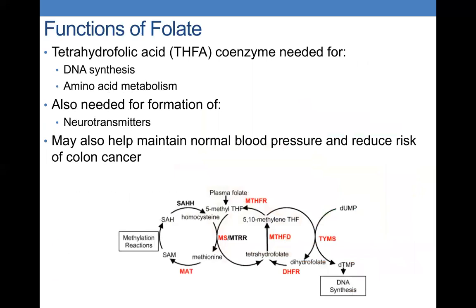So folate functions in many enzymes and coenzymes, and it helps transfer single carbon groups between these molecules. It's very important for DNA synthesis and repair, and in cases of folate deficiency, DNA synthesis and repair actually slow down.